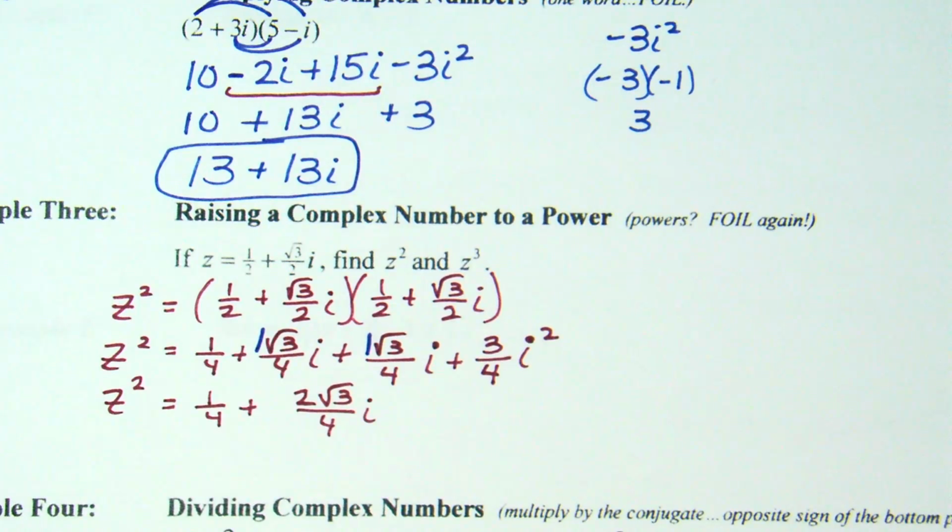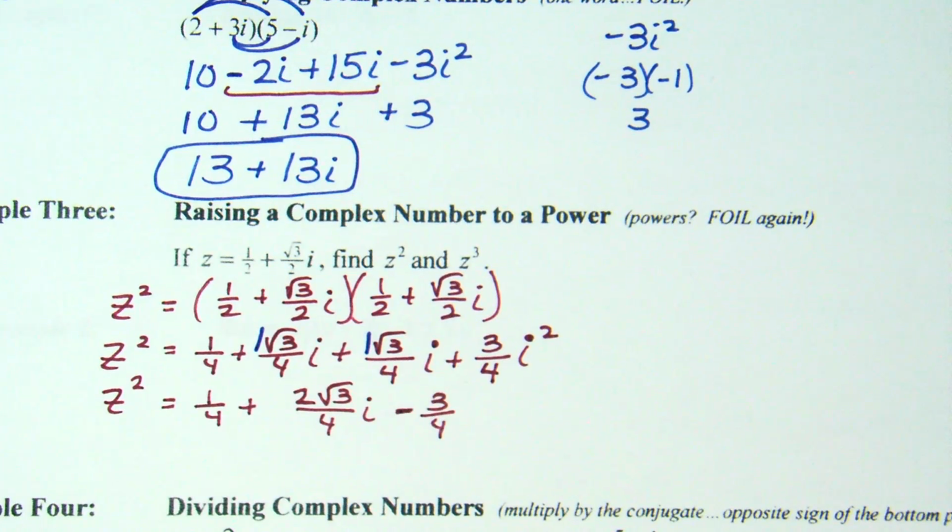Like terms, one last time. 1/4 minus 3/4. Okay. My brain said -2/4 to begin with, but we know your teacher is going to prefer that you go one step farther than -2/4 and say -1/2 plus, it was 2/4 radical 3i. Well, what did we know about 2/4? It's going to be 1/2. So 1 radical 3 over 2 times i.